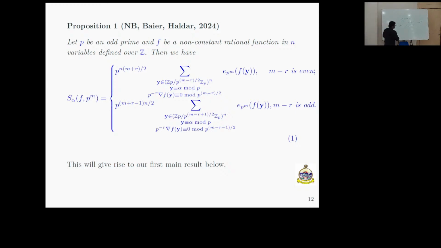So here we have the same sums, but we want to lift the modulo p to some p to the power (m minus r) by 2 case. And for m minus r odd, then we have the contributing part here, p to the power (m plus r minus 1) times n by 2, and this sum. One thing to notice: in the above, the moduli are the same, p to the power (m minus r) by 2, but here it is a little different.